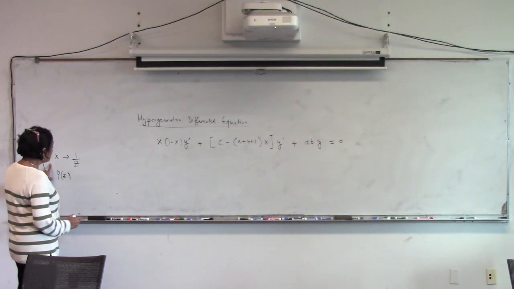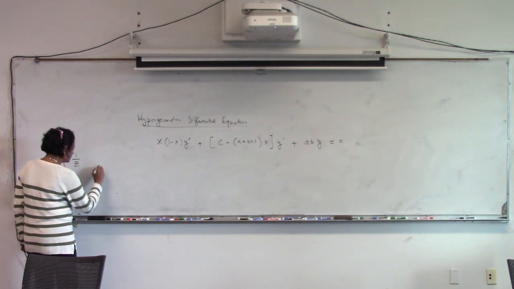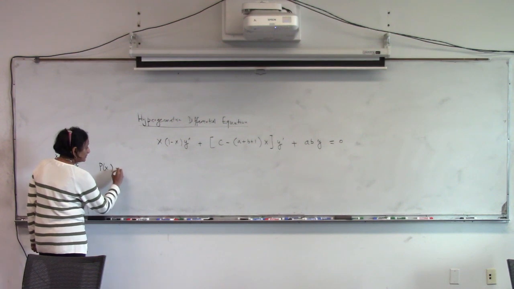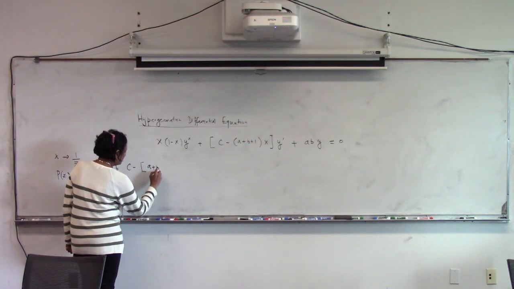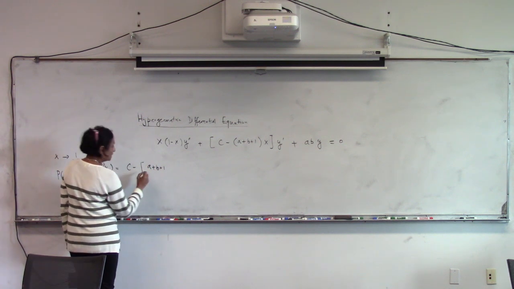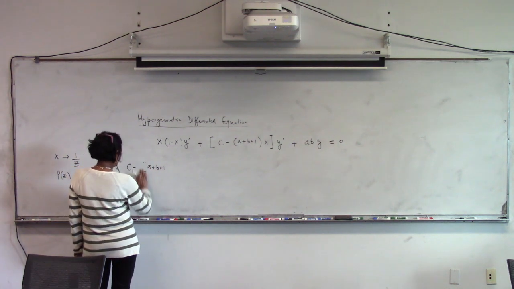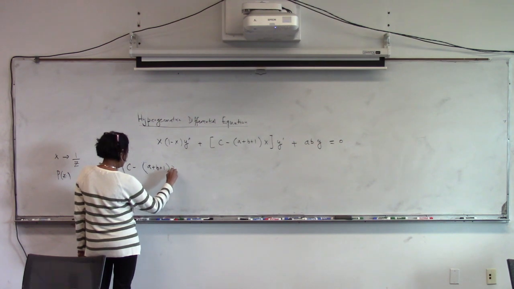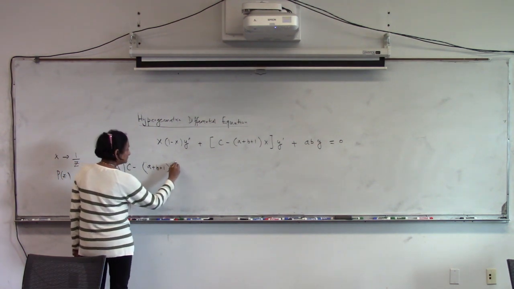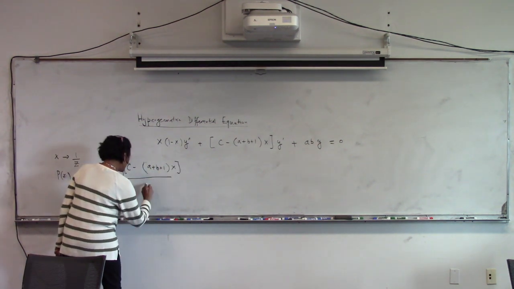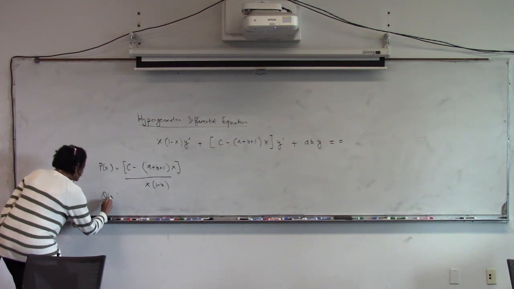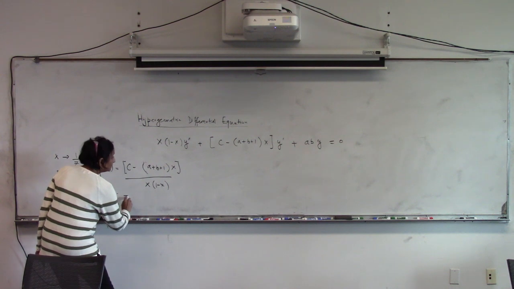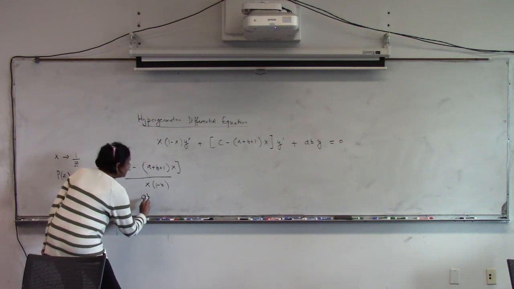So p of x here, of course, is c minus (a plus b plus 1) times x, over x times (1 minus x). Q of x is nothing but ab over x times (1 minus x).